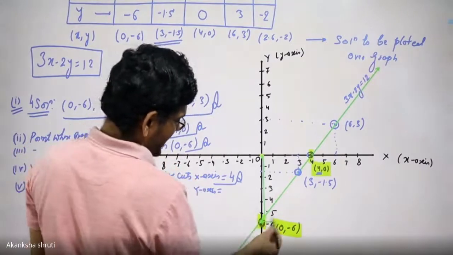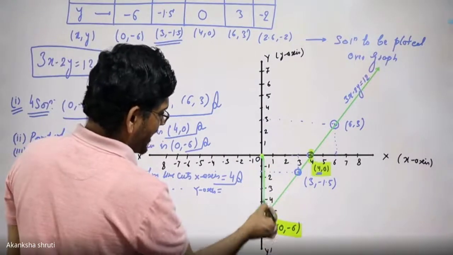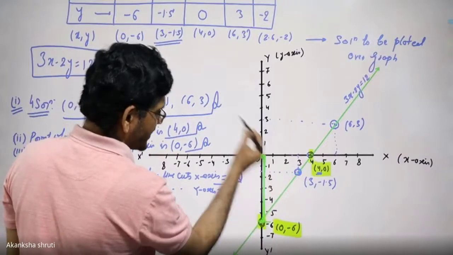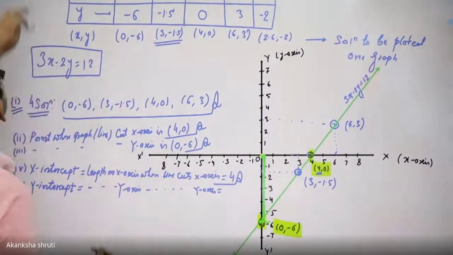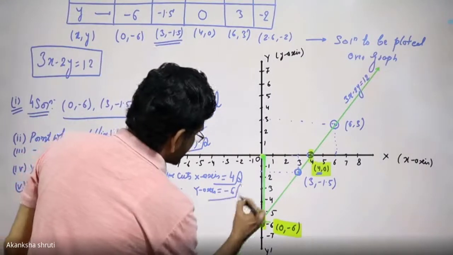So it is this much. This much length is our minus 6 units. Sign is important, students. So it is minus 6.